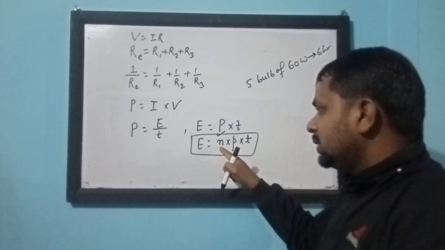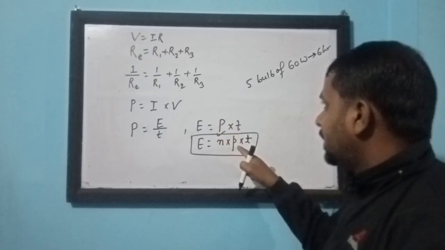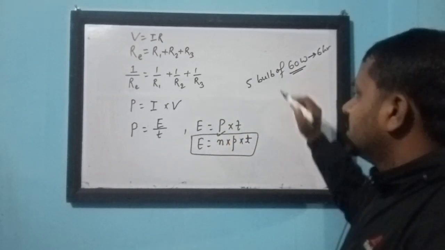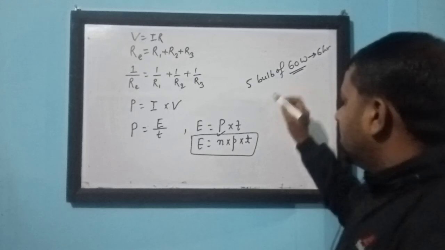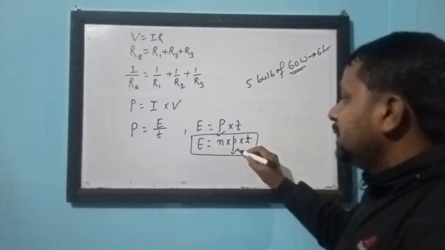This n is the number and this power is not the total power, it is the power of each instrument. Okay, and while calculating this numerical we have to keep this power in kilowatt.